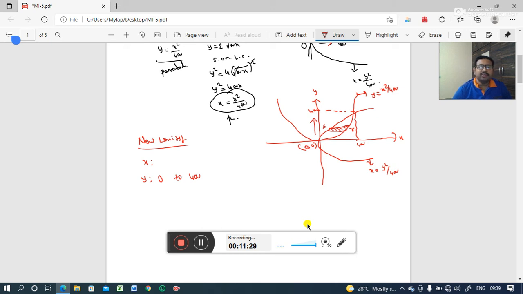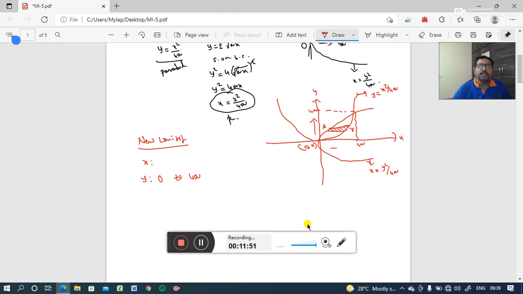In the previous case, x had taken the constant limits. Now in the new limits, after changing the order of integration, y is taking the constant limits 0 to 4a instead of x. Next, to choose x limits, you depend on this horizontal strip which is parallel to the x axis.